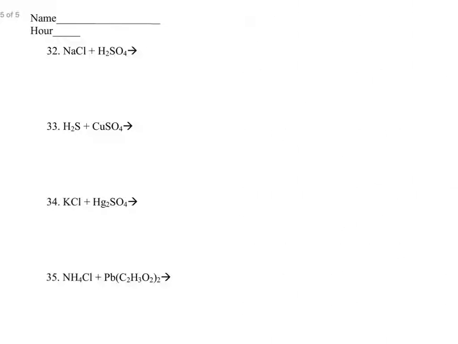And on the last page, we have again, to start off with, no reaction. I have a sodium, I have a hydrogen. They're not going to create anything. Next one does happen, and you have a hydrogen sulfide mixing with copper sulfate.